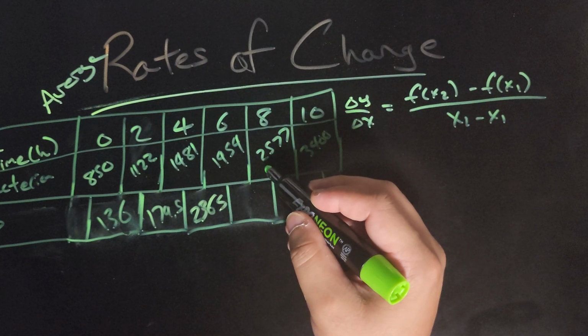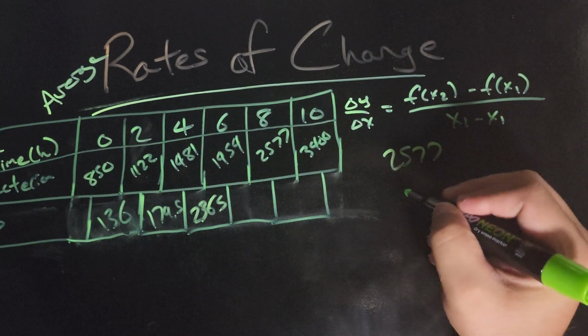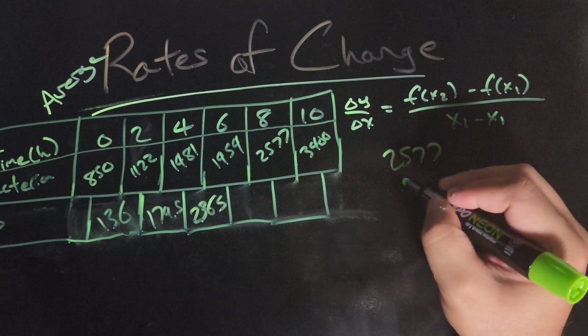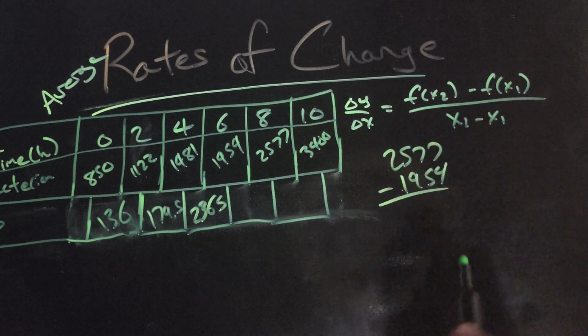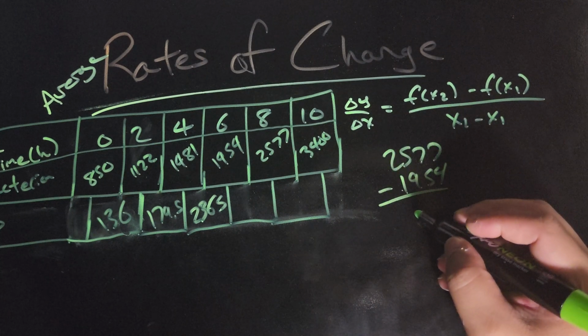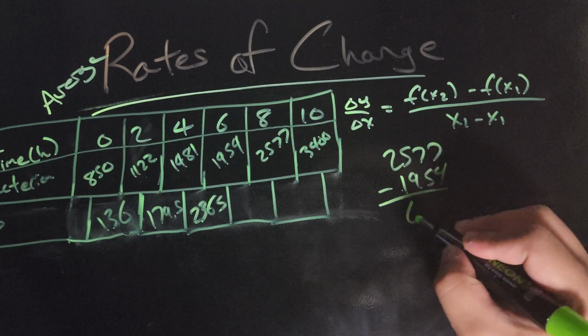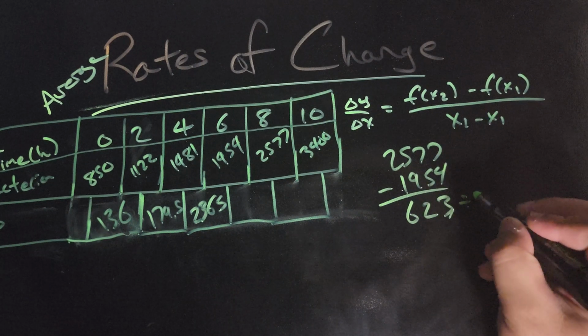This one, 2577 subtracting 1954, that should give me 623, and then divide that by 2.